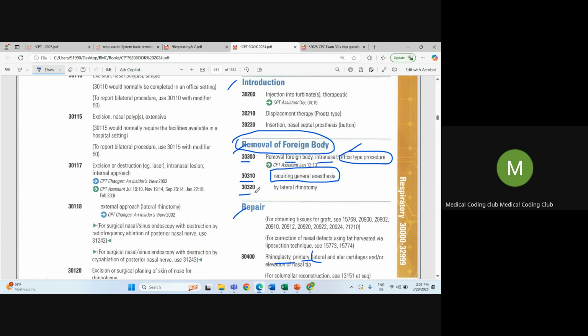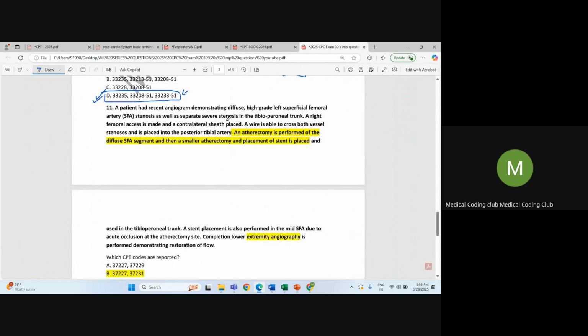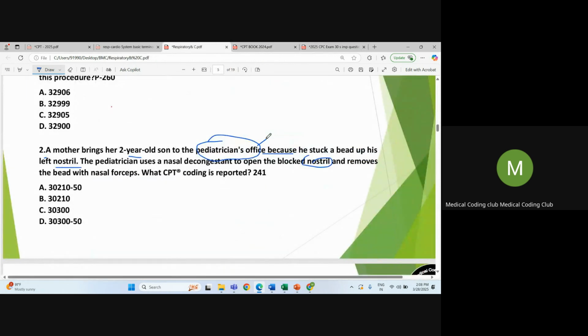Next, 30320 is a lateral rhinotomy procedure. Both of these can be performed in a hospital setting, whereas if they are removing with forceps, you can consider it a physician office procedure. Our question is a pediatrician office, so the answer is 30300. Okay, 30300 is the correct answer.